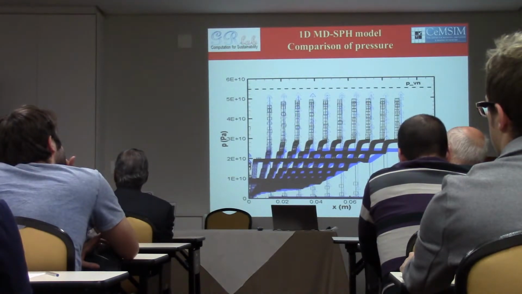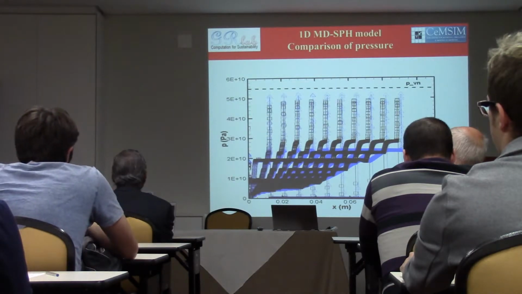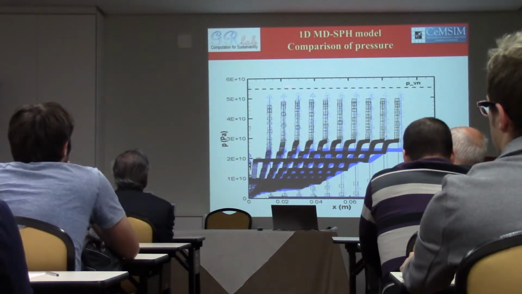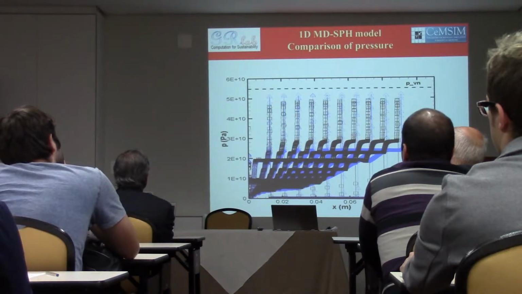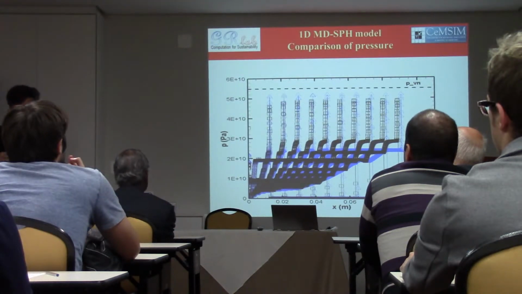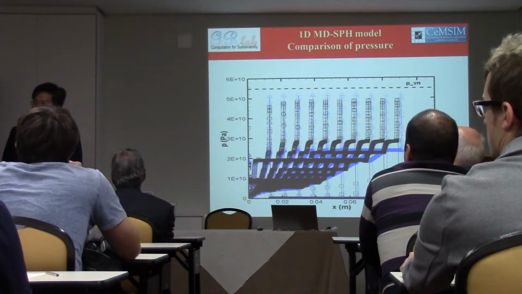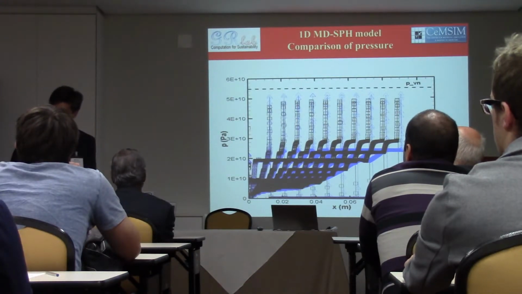It is difficult to compare with the experiment, but what we can always measure in the experiment is the peak pressure. The peak pressure is this line here, measured by the experiment. This numerical solution is quite close to that. The blue curve is the same simulation, but using the traditional EOS, not the one I get from the MD.